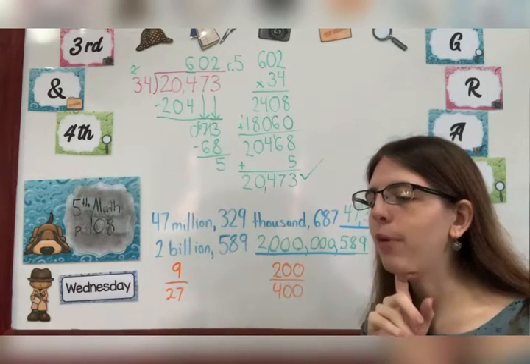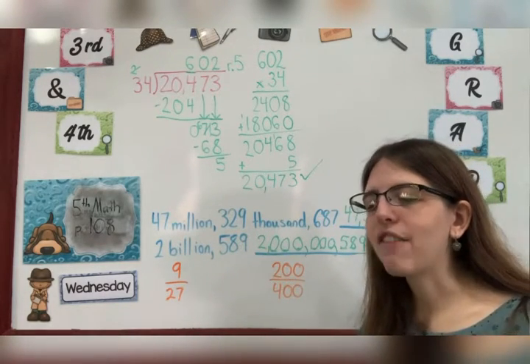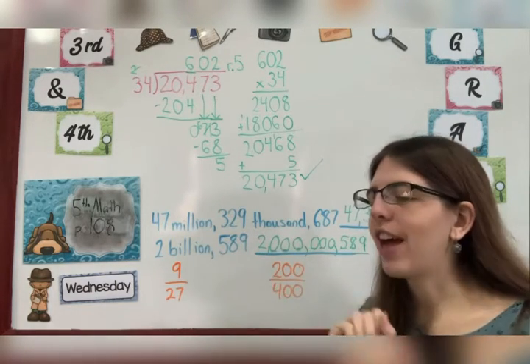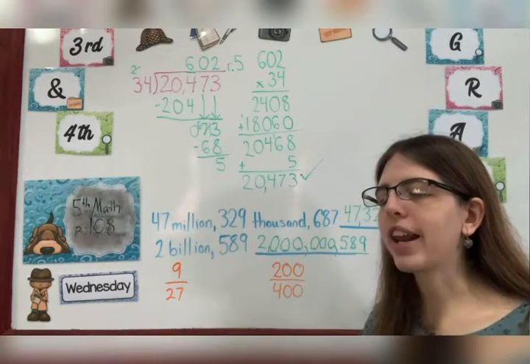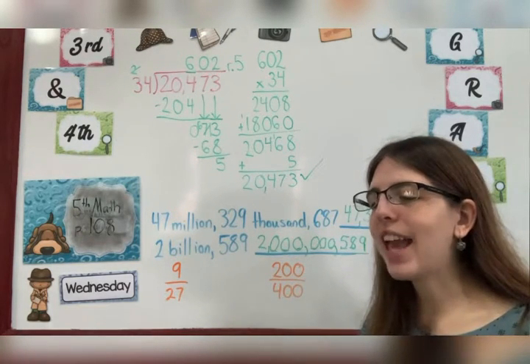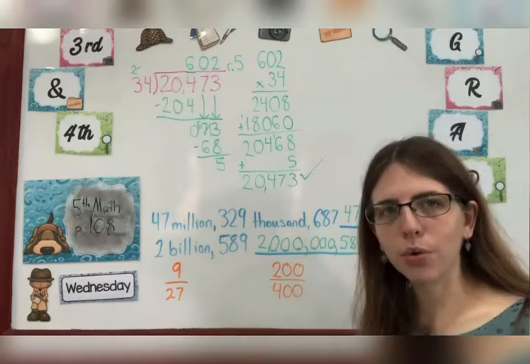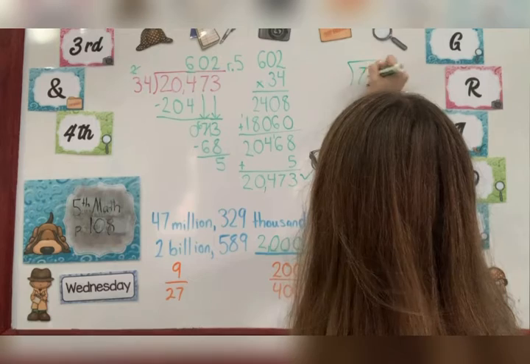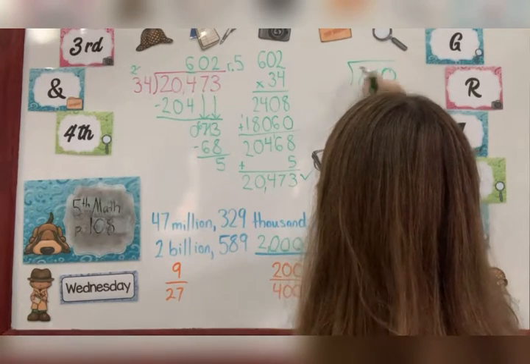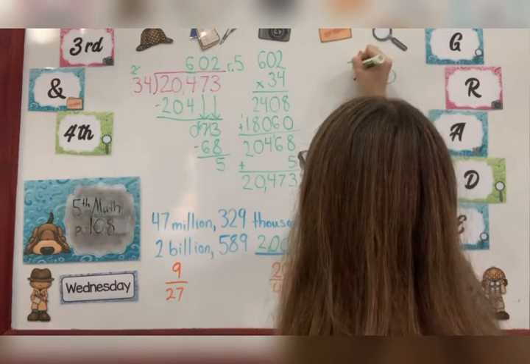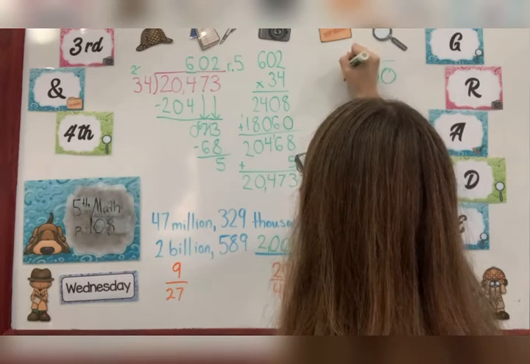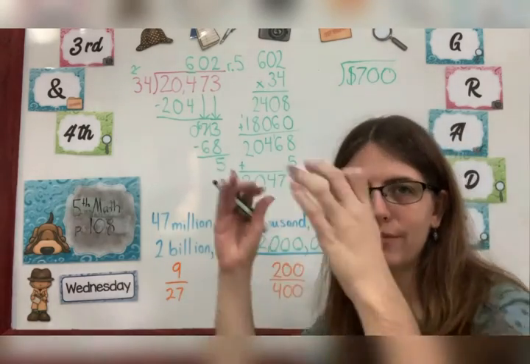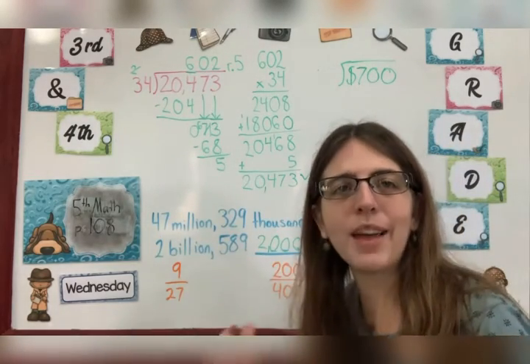So in our problem, we know the total is 700. We got that total by adding up each amount that the 35 students brought in. So to find the average, we divide our total, which is $700, oops, I need to put dollar signs in front of that because it is money. $700 divided by the number of amounts of money that we added up.